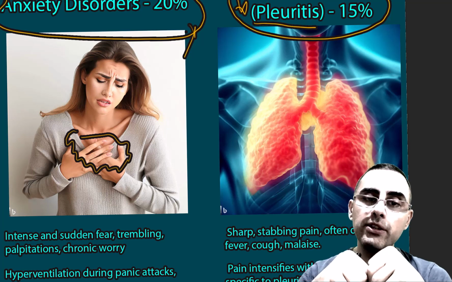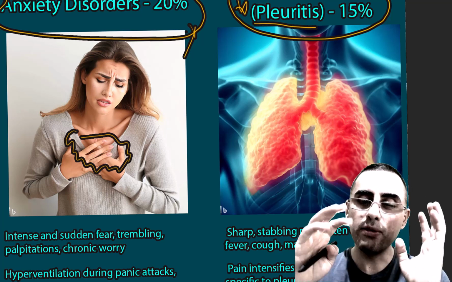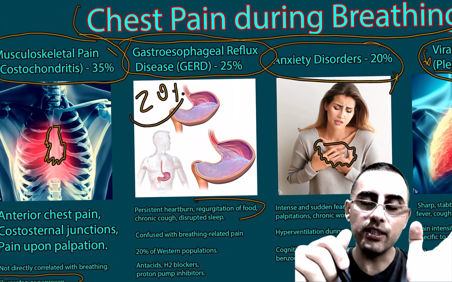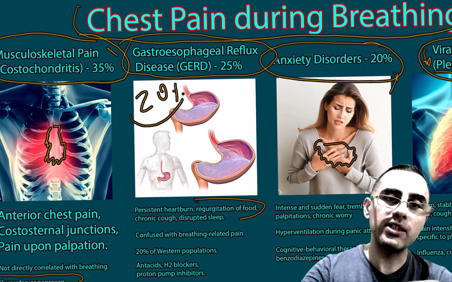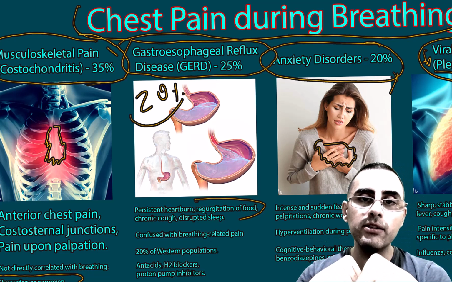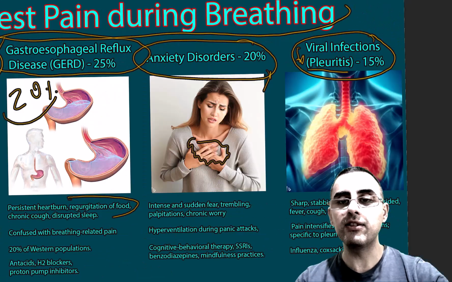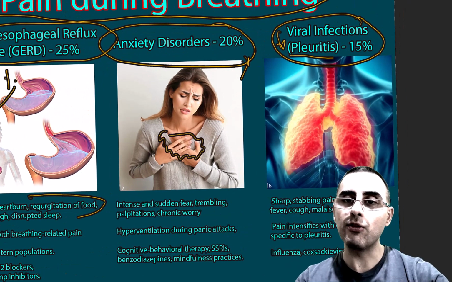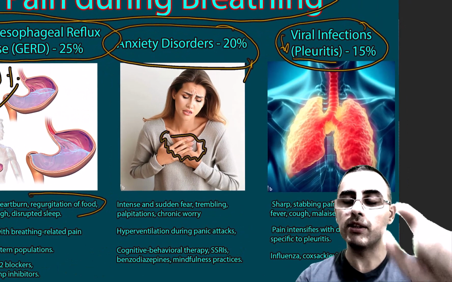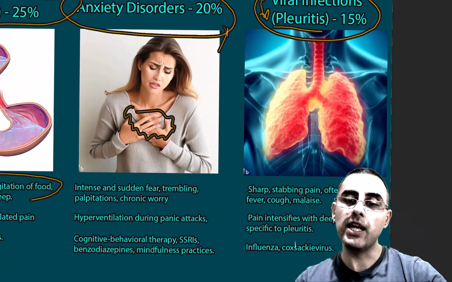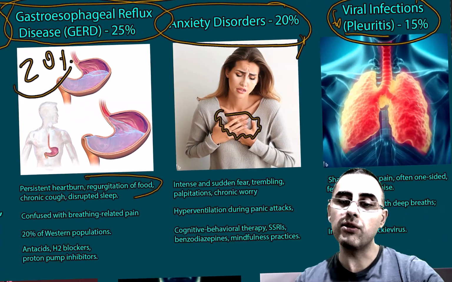It's strongly related to breathing. So pleuritis is strongly related to breathing. The other diseases we already mentioned, such as musculoskeletal pain, costochondritis, gastroesophageal reflux disease, or anxiety disorder, none of them is strongly related to breathing. But pleuritis is strongly related to breathing, and it's usually caused by viral infections.